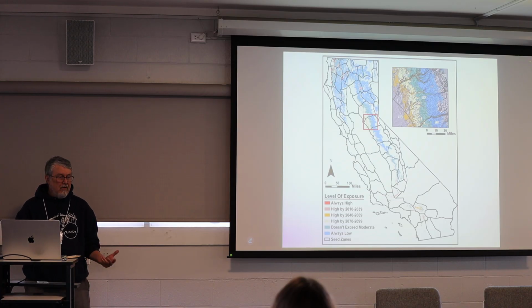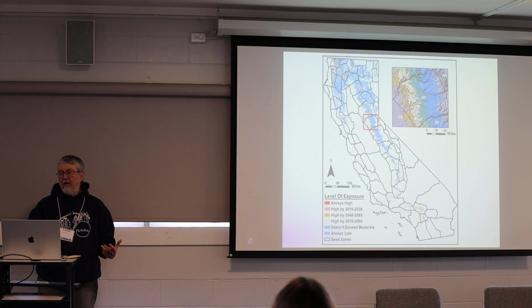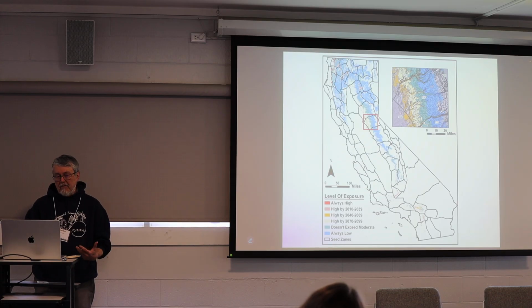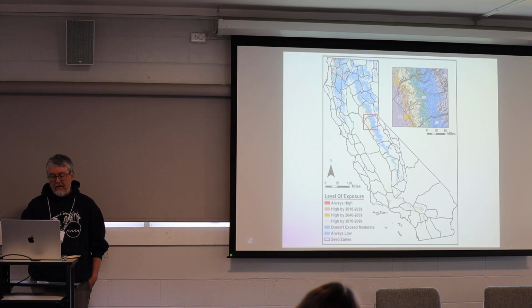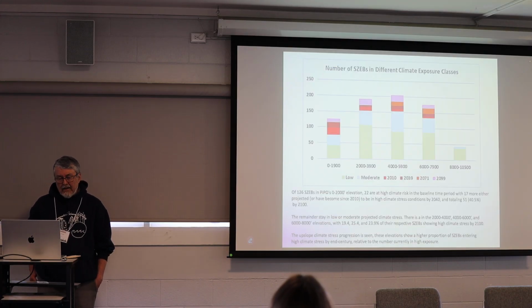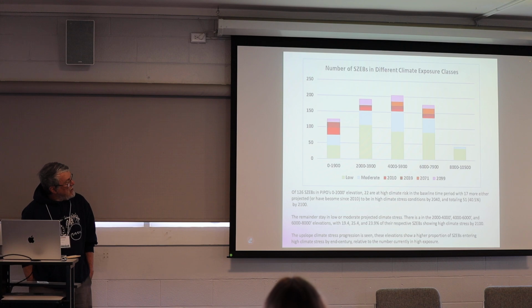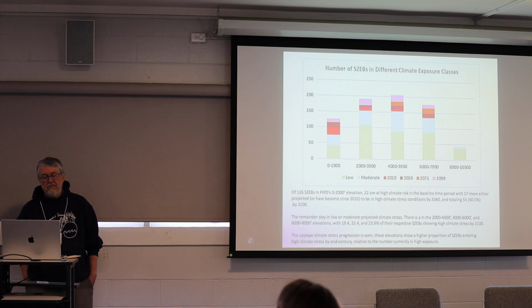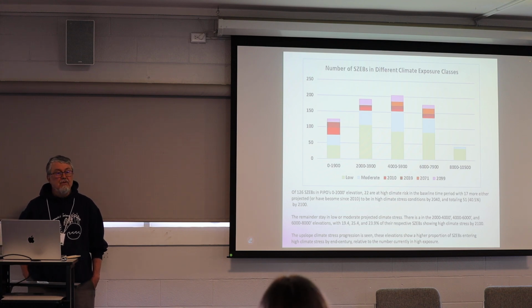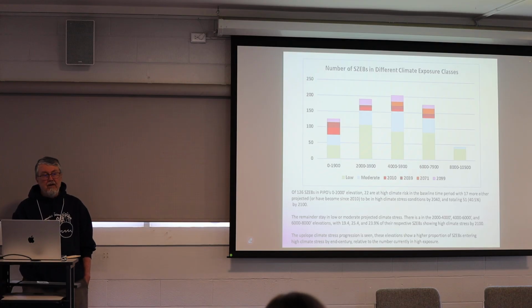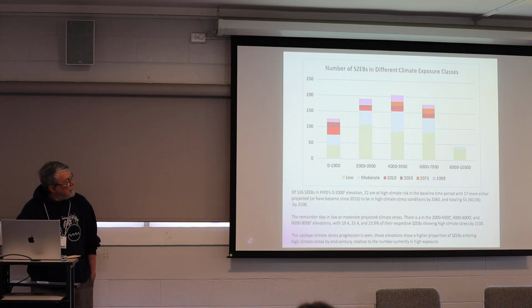The blue is areas that don't reach that uncommon condition by 2100, but the other colors are either it is already or by 2040 or 70 or 2090. And that can be useful if you look at the seed zone and elevation bands in terms of the red and above colors are the areas that are moving into stress and how many of those seed zones are found at different elevations in the Sierra and in California.